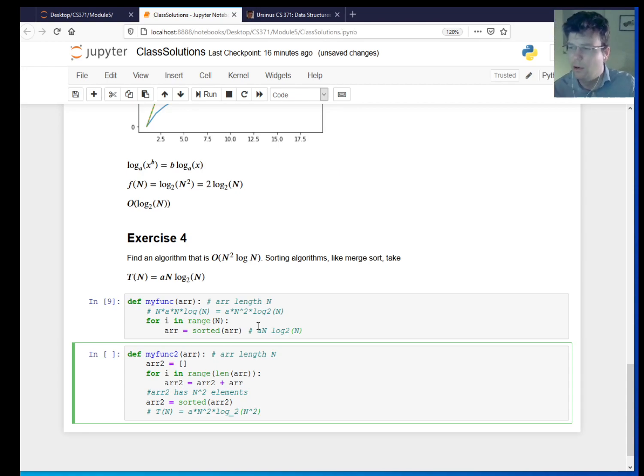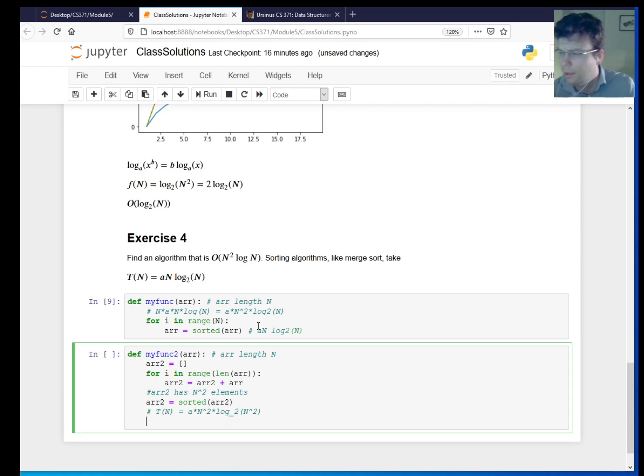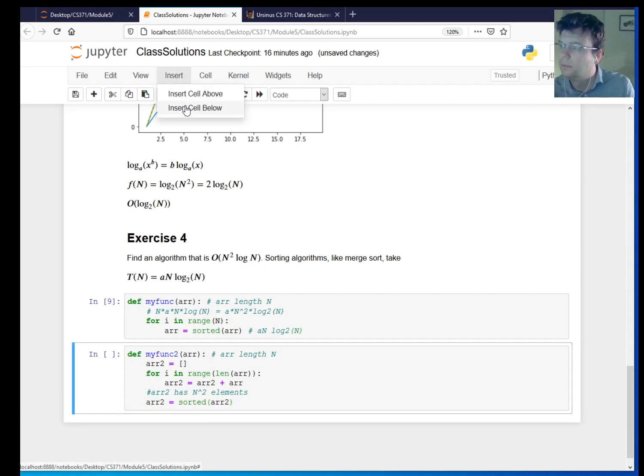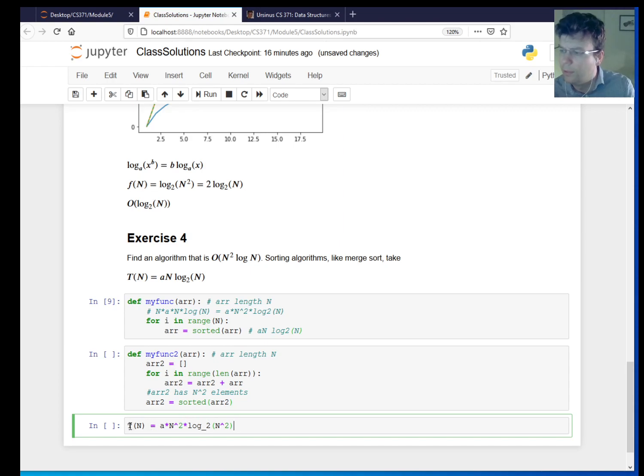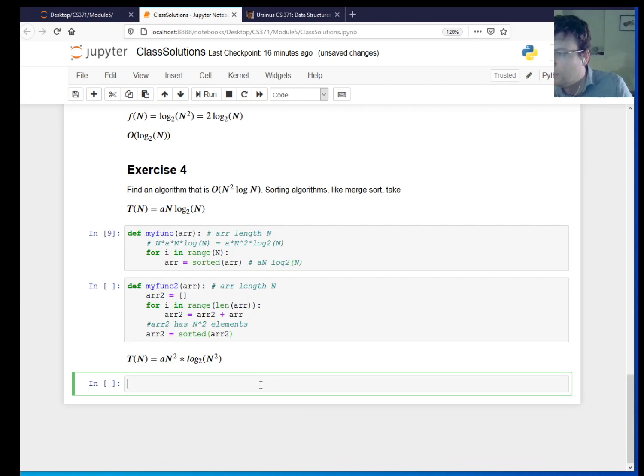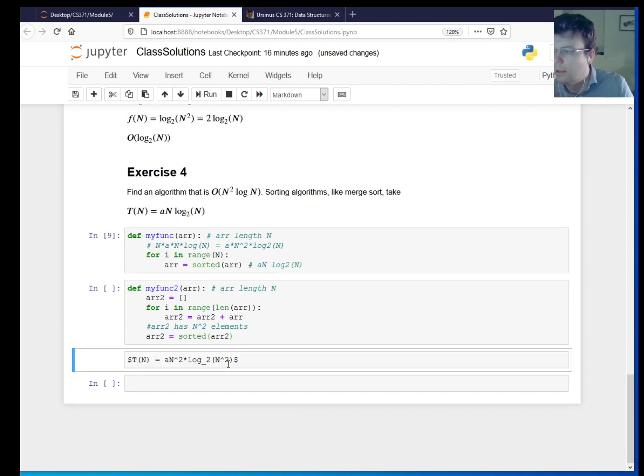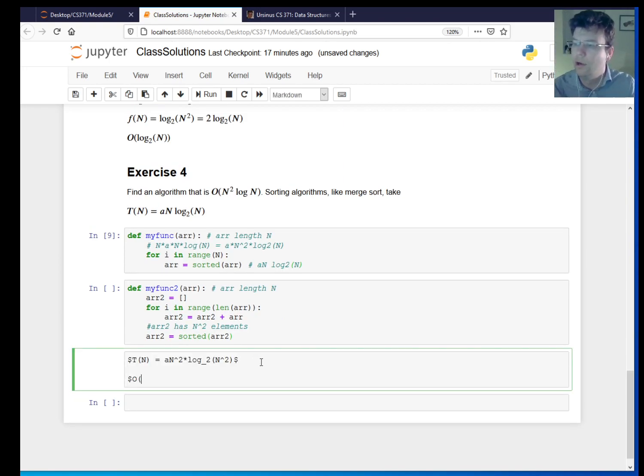Let me write this down here so we can see it more easily. If my timing function looks like this, then shouldn't it be big O of n squared log of n squared?